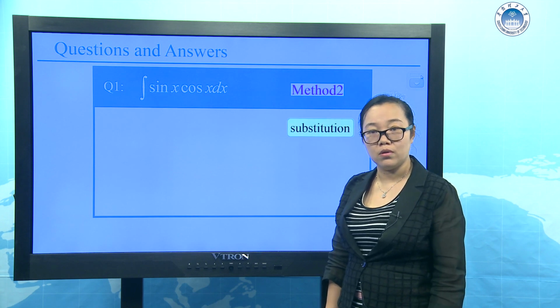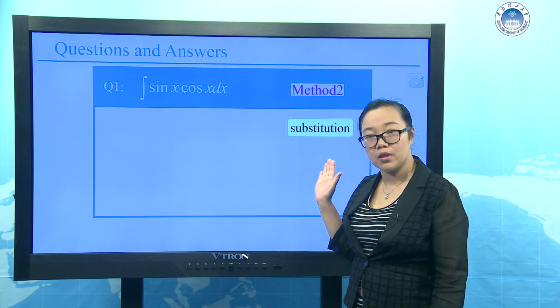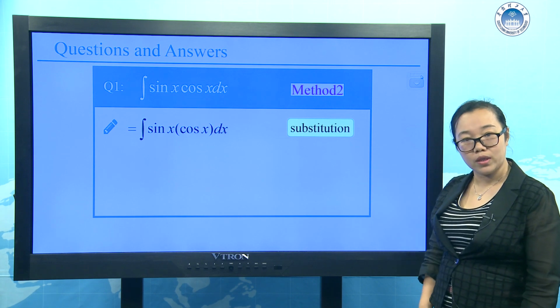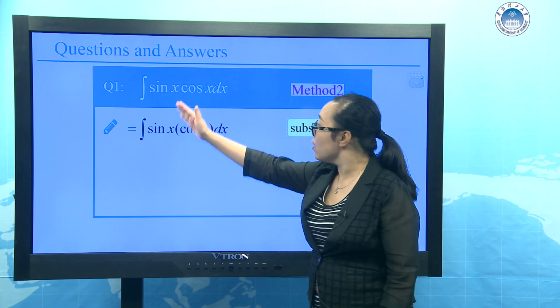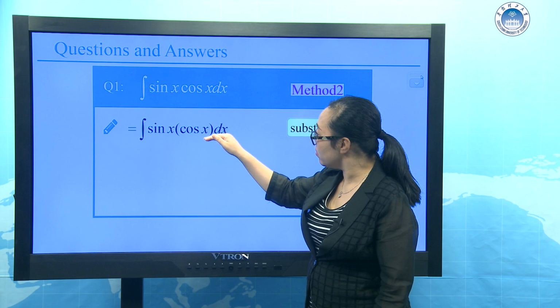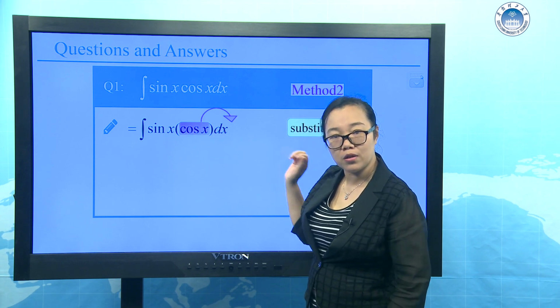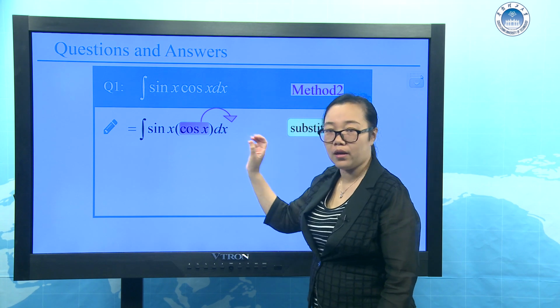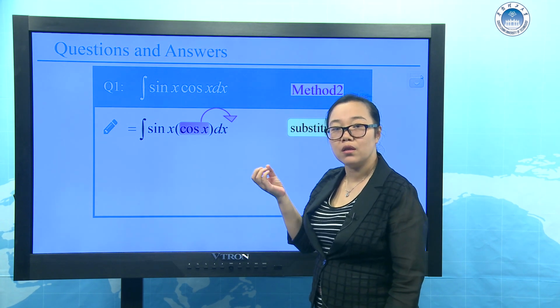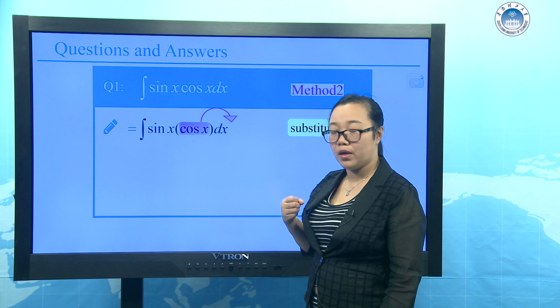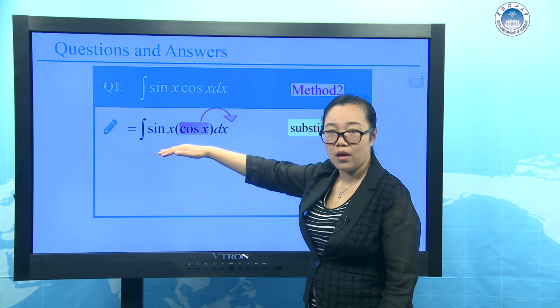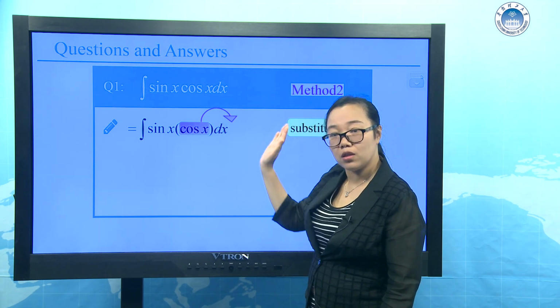Method 2, still by the substitution idea. We can write sin x cosine x dx. What is our substitution? Let u equal sin x, and keep cosine x dx, which is the differential of sin x.